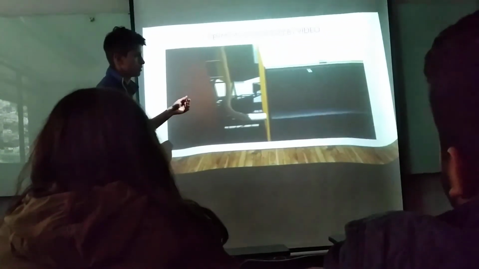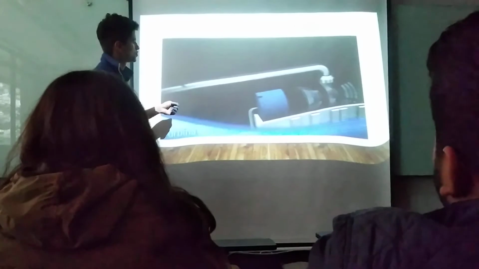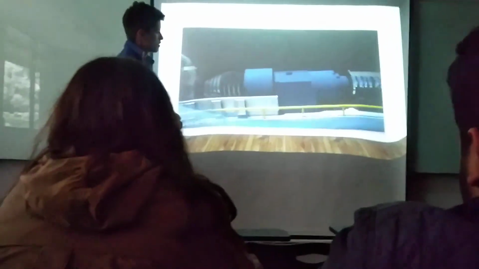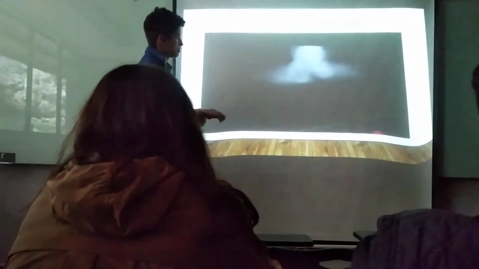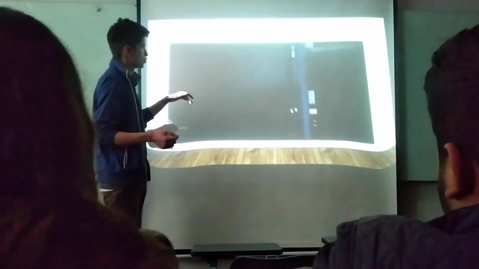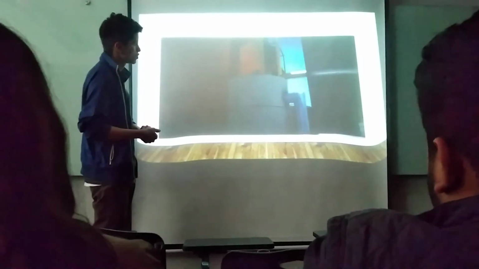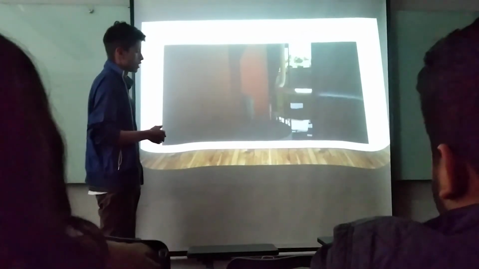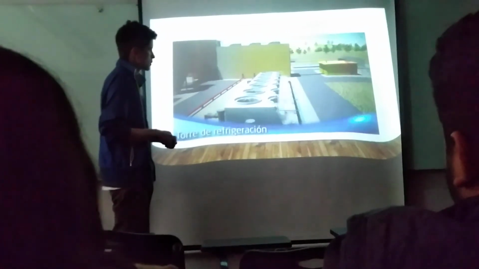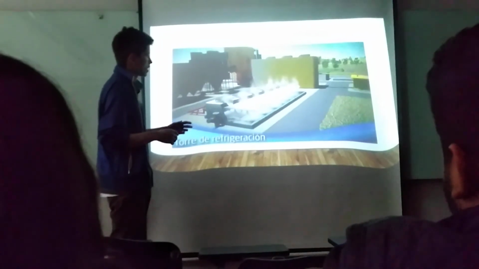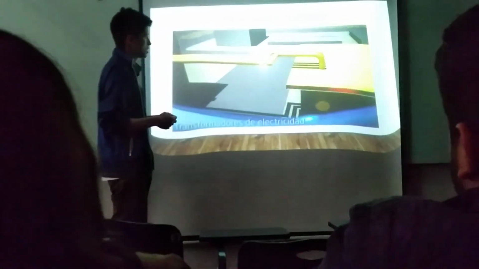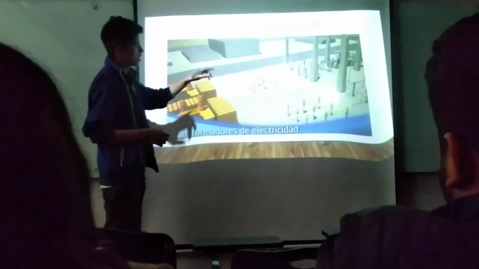This gives us a new stream of vapor to move the turbine, and when the stream is finished, it starts to decrease its temperature with a polar sector that is located next to the turbine. And with that, we can reuse the streams. With the movement of the turbine, it gives us the electricity.